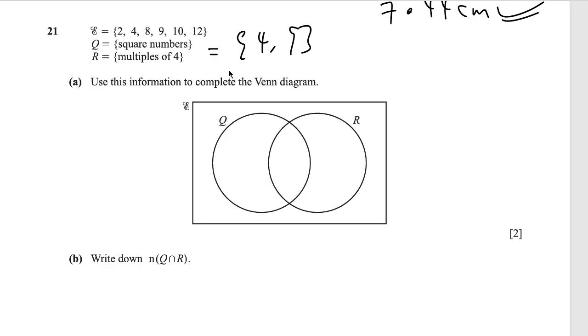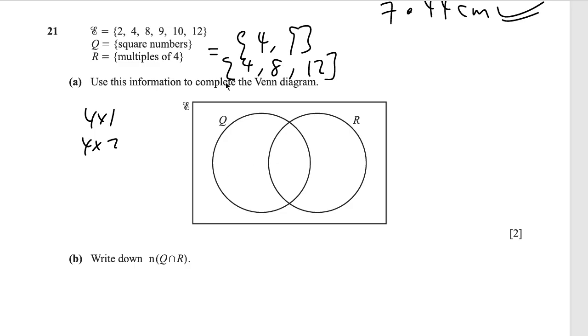Then multiples of 4 from this set, we have 4, we have 8, we have 12, right? Because they are divisible by 4 without remainder. They are multiples of 4: 4 times 1, 4 times 2, 4 times 3, right? Nice. So we then write them out here.